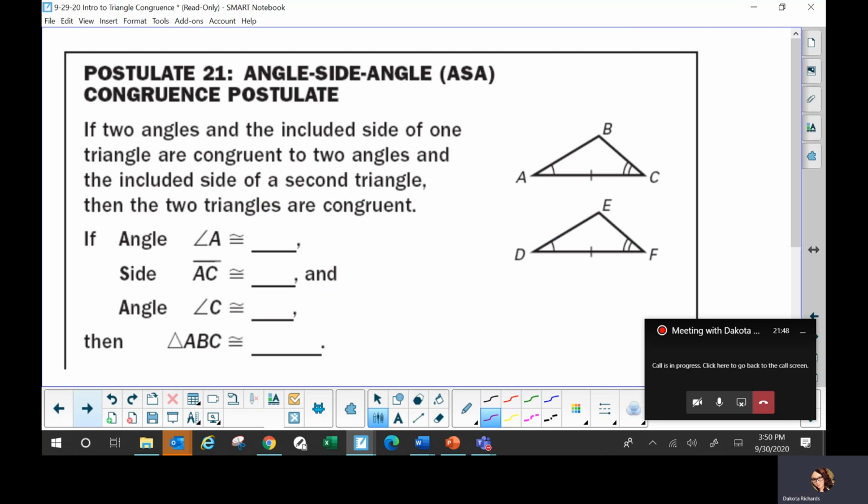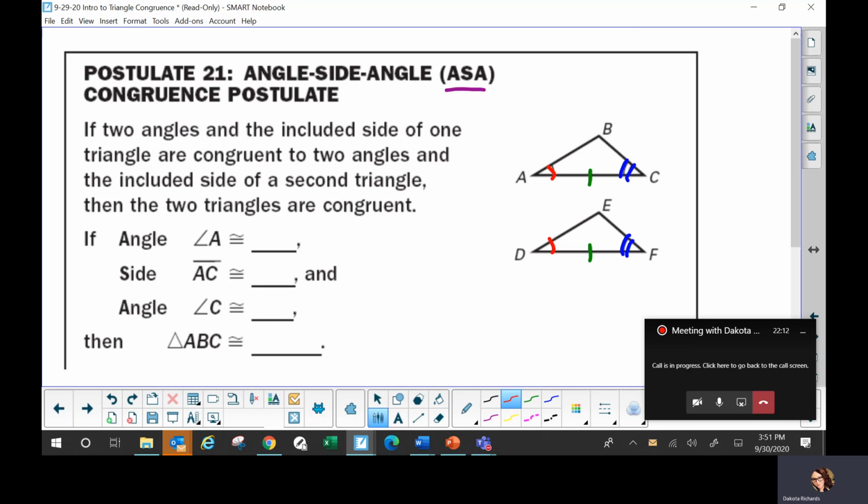Okay, next is angle side angle, ASA for short. So we are given an angle, given a side in between, and then the other angle. Okay, and it's angle side angle because that side is in between. It's the included side.